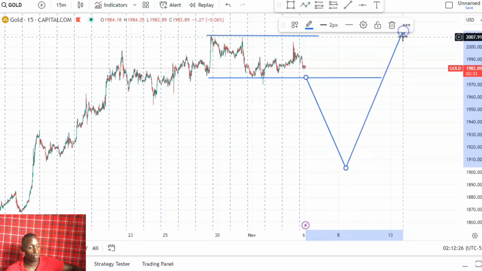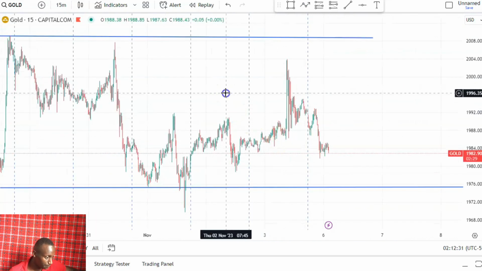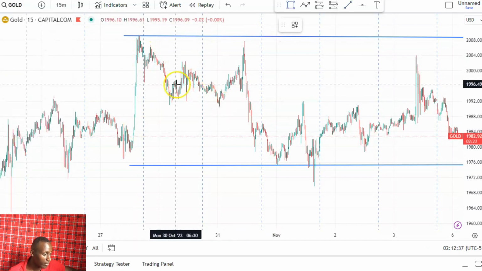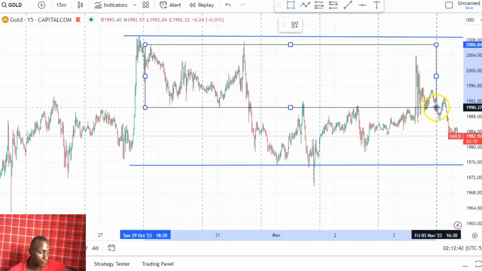I don't know what the price will do, but for now, from last week, let's use the rectangle, we have Monday setting our high and our low of the week.